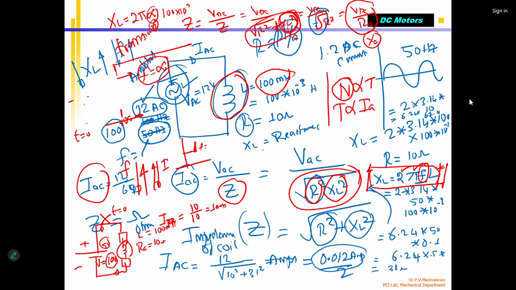If the applied DC voltage is, for example, initially 10 volts, then becomes 12 volts, then becomes 2 volts, and you are changing the motor like this, wherever transients are happening, at that time for the current calculation you have to use VDC divided by root of R square plus XL square, and you should find out what the XL is.